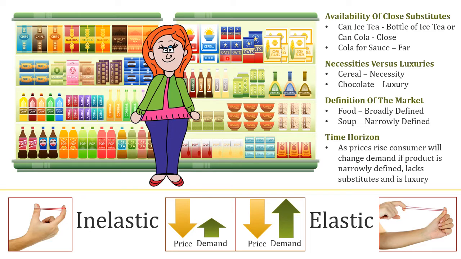I'm going to find a sweet cereal, perhaps. So her demand for these items will go down if they're too narrowly defined, if it lacks substitutability, and if it's a luxury good. So these are the three things that are basically a rule of thumb. And if you can remember these, then a lot of the next issues that we talk about will be a lot easier to remember.